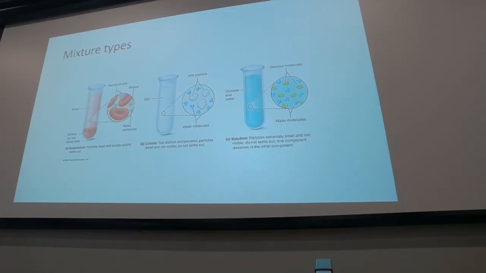And then milk proteins will basically be suspended in this water, but they don't settle. And in solution, the molecules are also combined with water, in this case glucose with water molecules, and they don't settle as well.